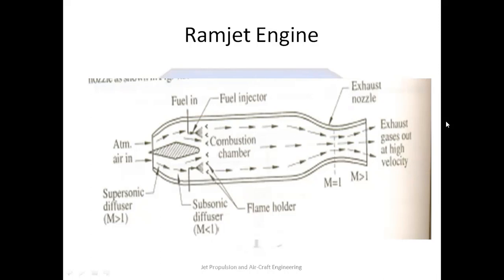Since a ramjet usually operates at supersonic speed, the first stage of compression takes place in the converging section of the diffuser, then the second stage of compression takes place in the diverging section of the diffuser. In the diffuser, the kinetic energy of the entering air is converted into static pressure, which is called ram pressure.